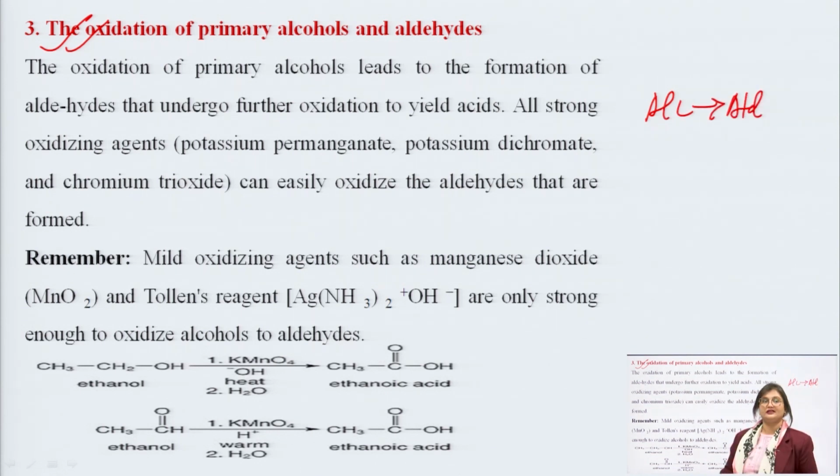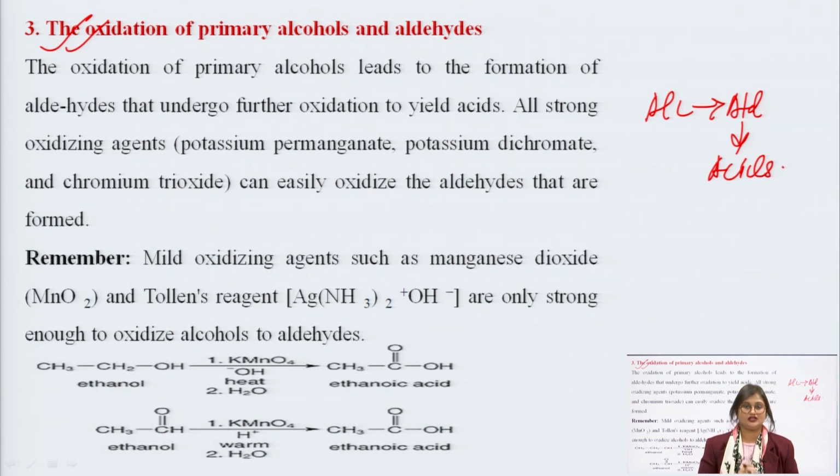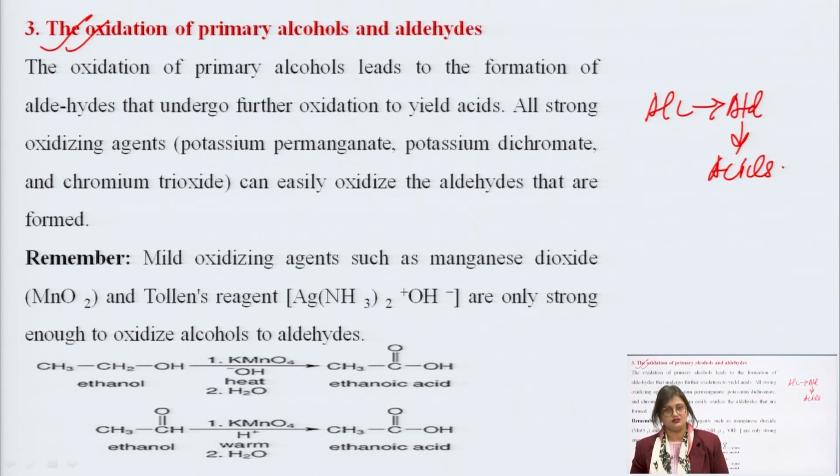These aldehydes are further oxidized into acids. But the catch here is the oxidizing agent has to be strong. In case the oxidizing agent is a mild one, complete conversion does not take place. That is, alcohol gets converted into an aldehyde, but the further conversion of this aldehyde into acid is not possible.